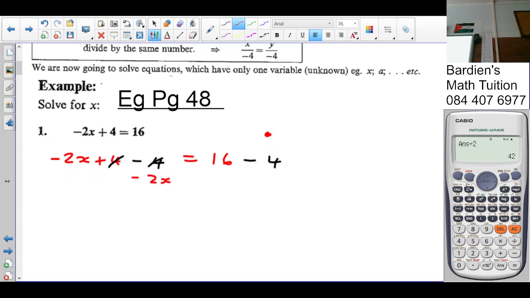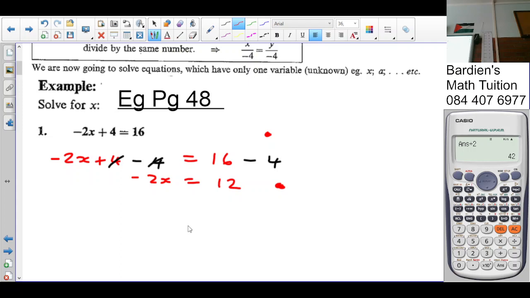You've got negative 2x equals. What's 16 minus 4? 12. So what do I do now? How do I get x on its own? Divide by negative 2. So the next note here is you're going to divide both sides by negative 2, or by the coefficient of x.